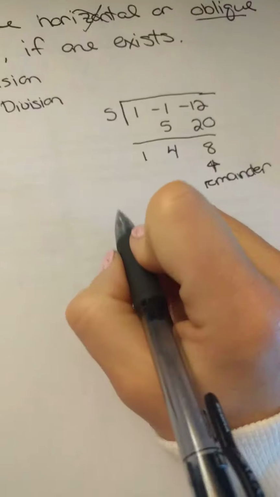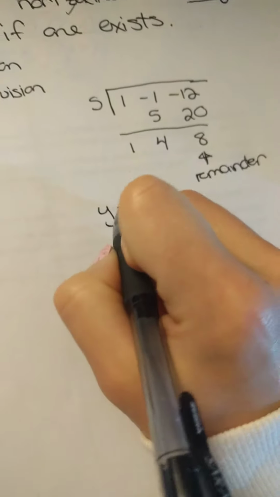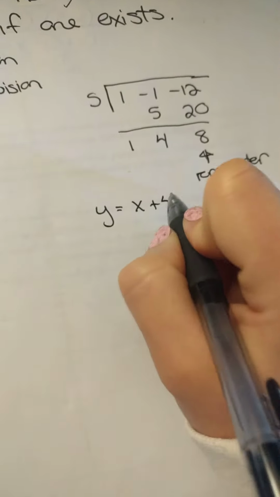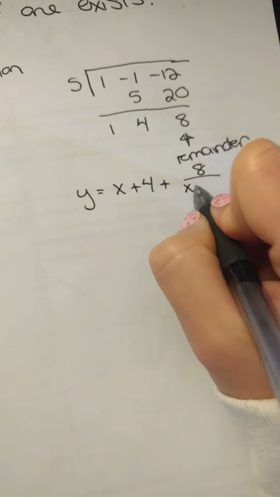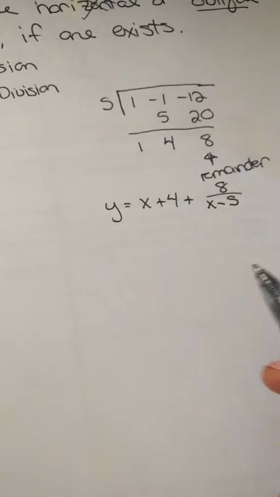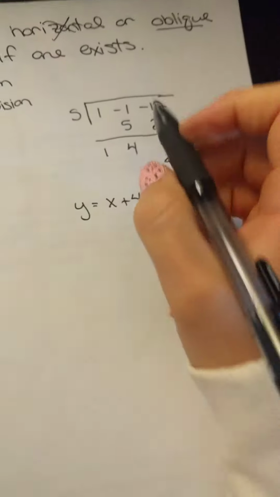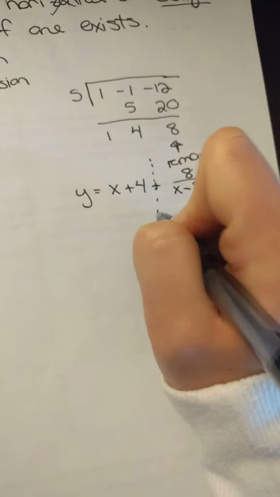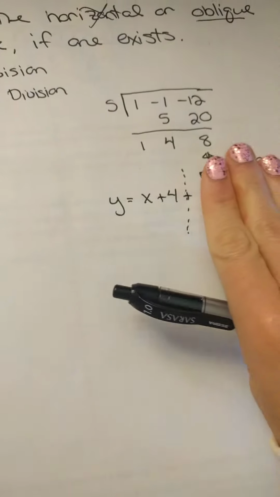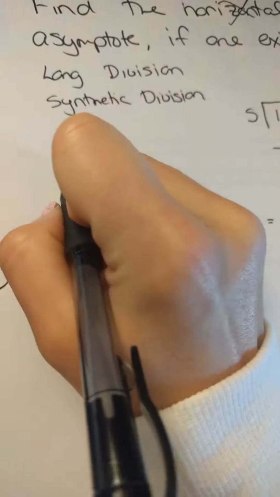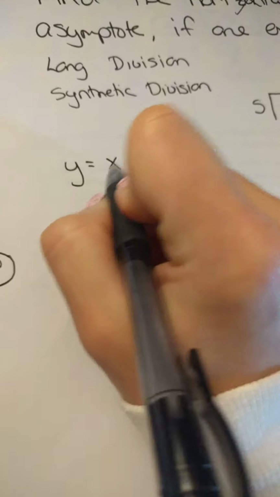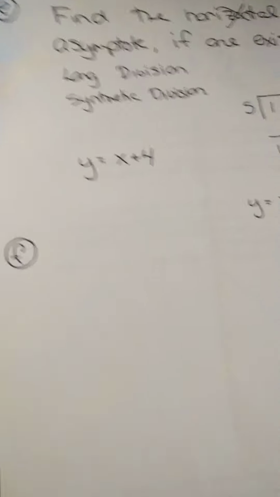So doing the division, this gives me the equation y equals x plus 4 plus 8 over my divisor of x minus 5. Now, the oblique asymptote is simply everything but the remainder. So my oblique asymptote is y equals x plus 4.